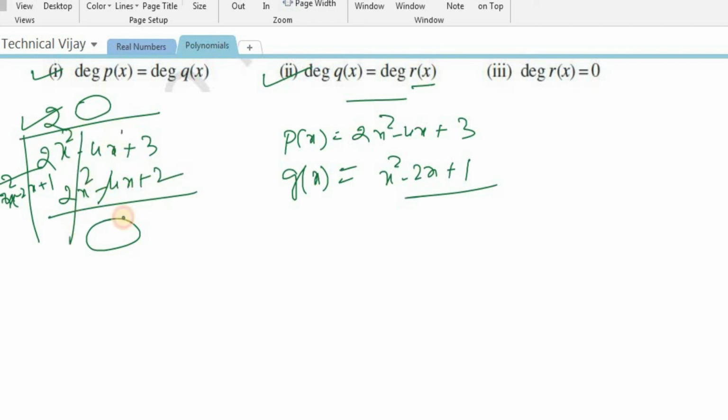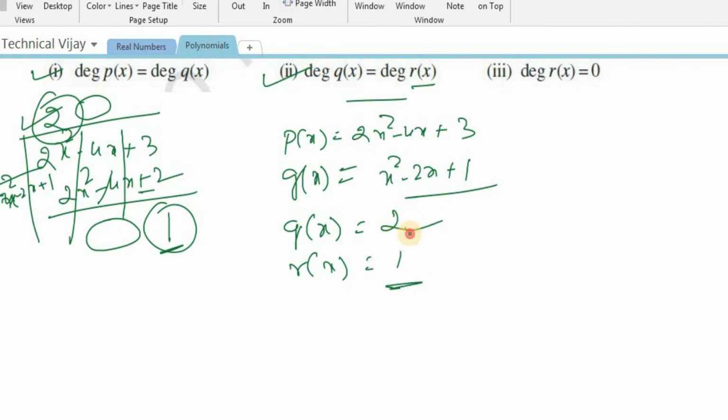This is cancelled, this is cancelled. So 3 minus 2 equal to 1. So here 2 will be the quotient and 1 will be the remainder. So quotient will be q of x equal to 2 and r of x equal to 1. So the degree of this quotient and remainder, both are equal, because both are constants only, the degree of those will be 0 only. So hence both are equal.